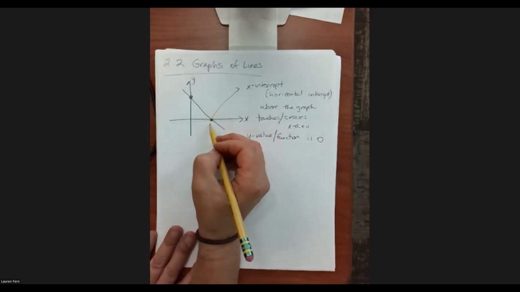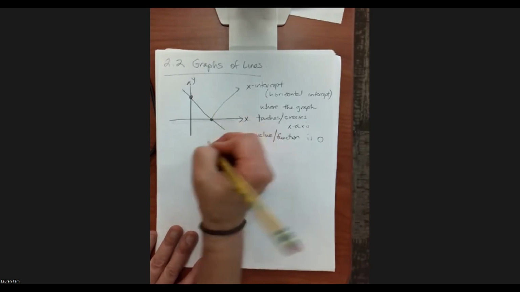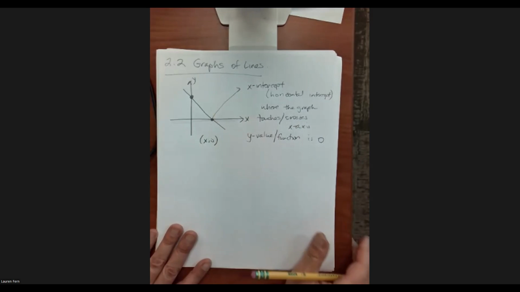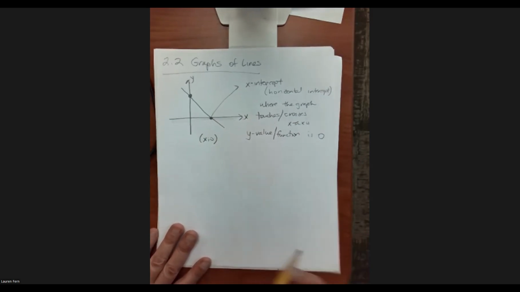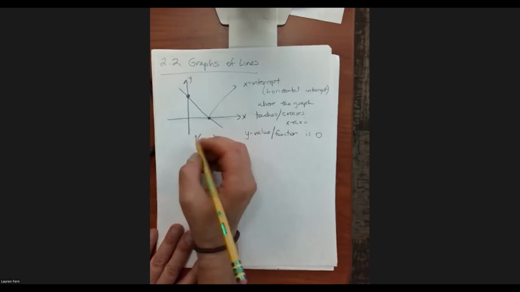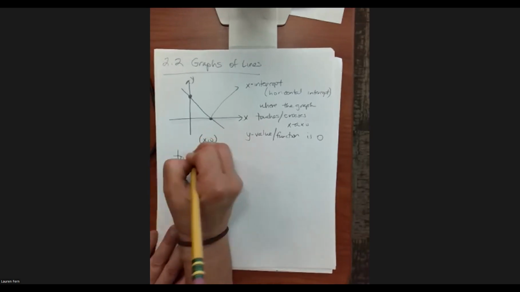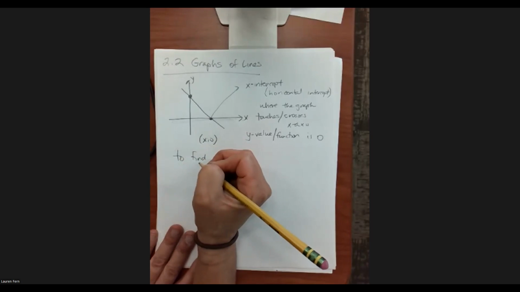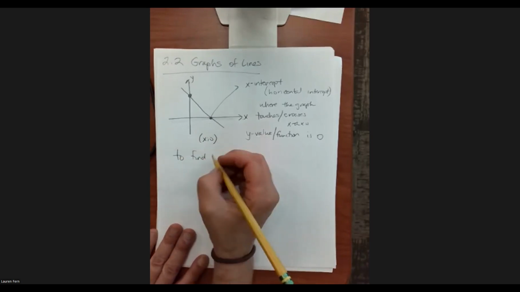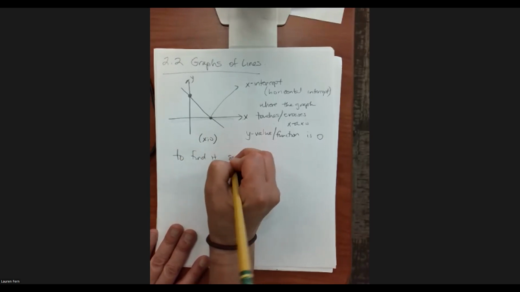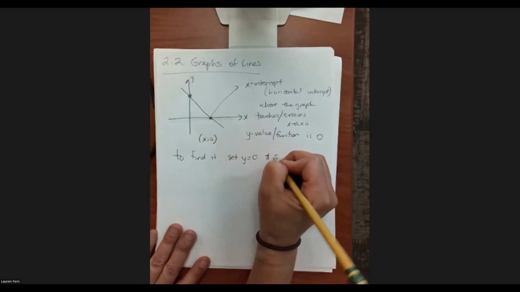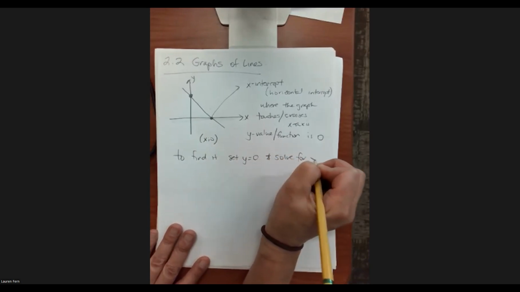I haven't moved up and I haven't moved down. So any x-intercept has the form (x, 0). This gives us a pragmatic way to find our x-intercept, which you're going to have to be able to do a ton because it's going to help us graph really funky functions later on. To find it in an equation, you set y equal to 0 and solve for x.